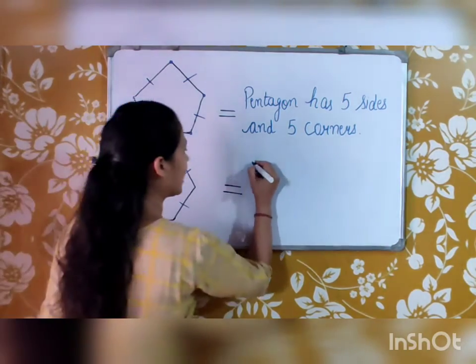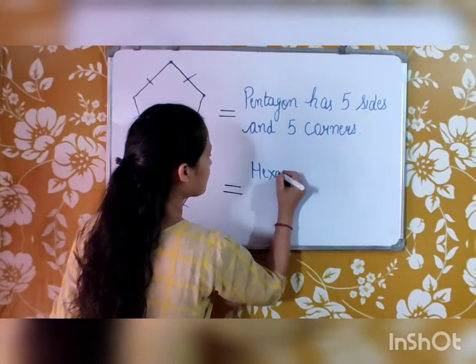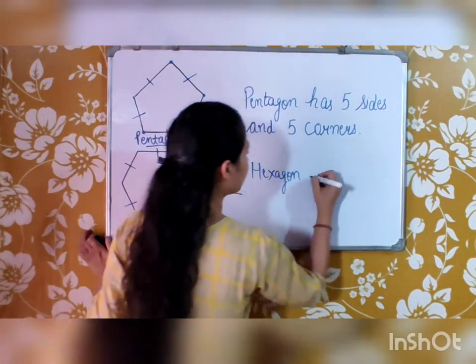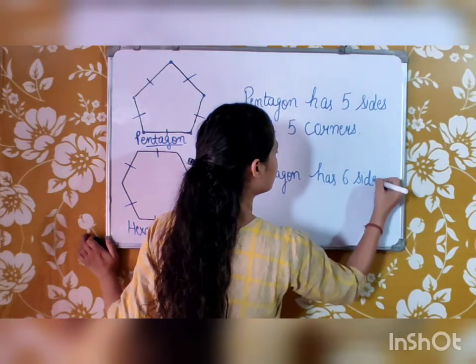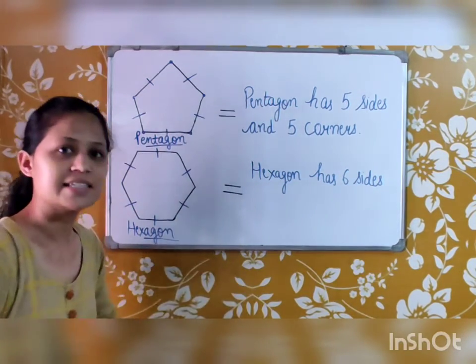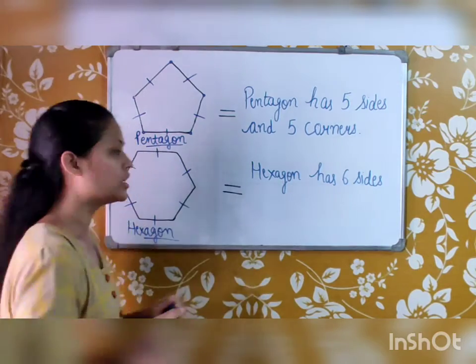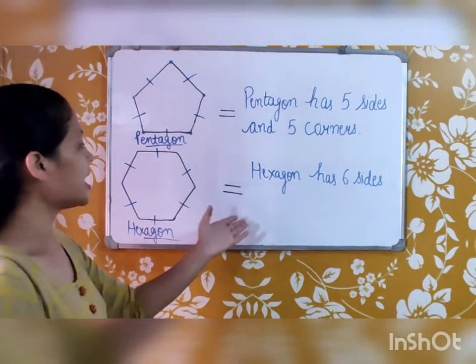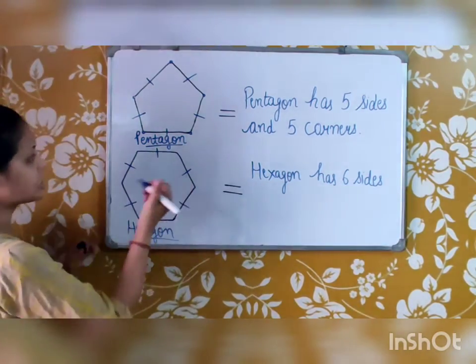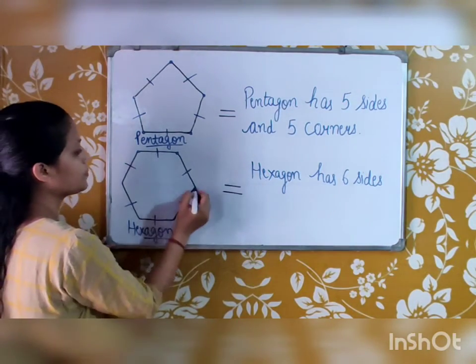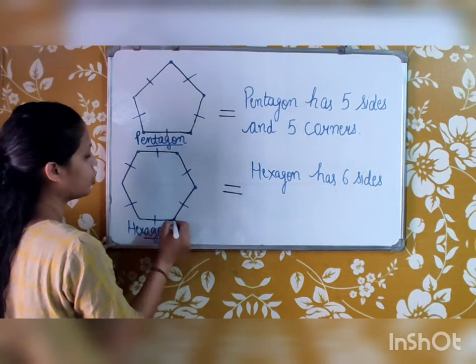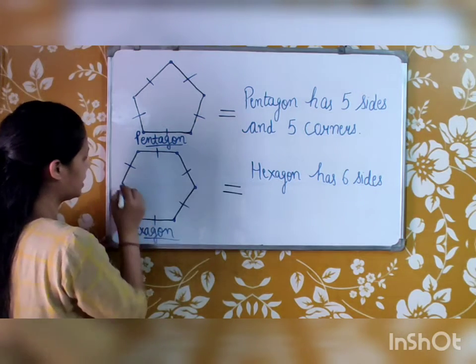So we will write here, hexagon has 6 sides, and since hexagon has 6 sides, it will have 6 corners. Let's count the corners. 1, 2, 3, 4, 5, 6.